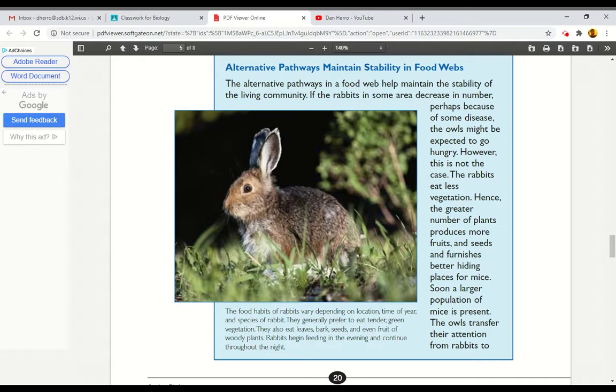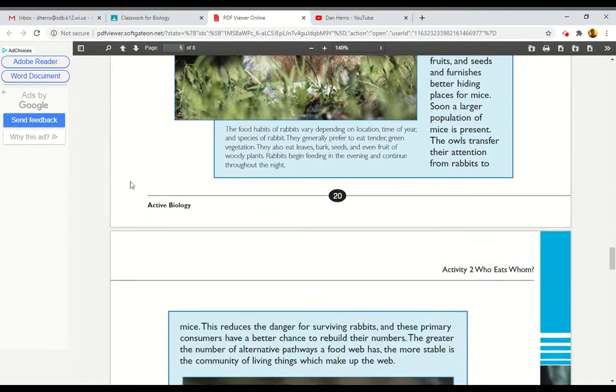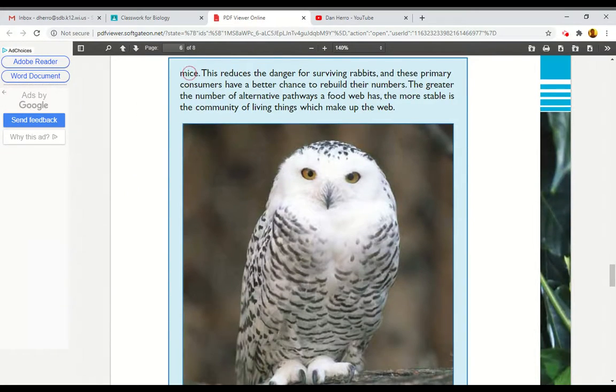However, this is not the case. The rabbits eat less vegetation. Hence, the greater number of plants produces more fruits and seeds and furnishes better hiding places for mice. Soon a larger population of mice is present. The owls transfer their attention from rabbits to mice.